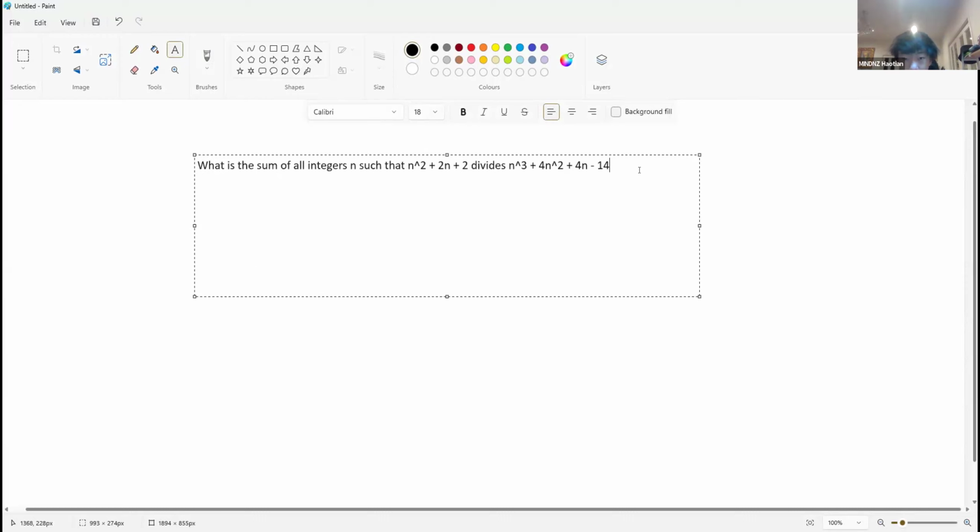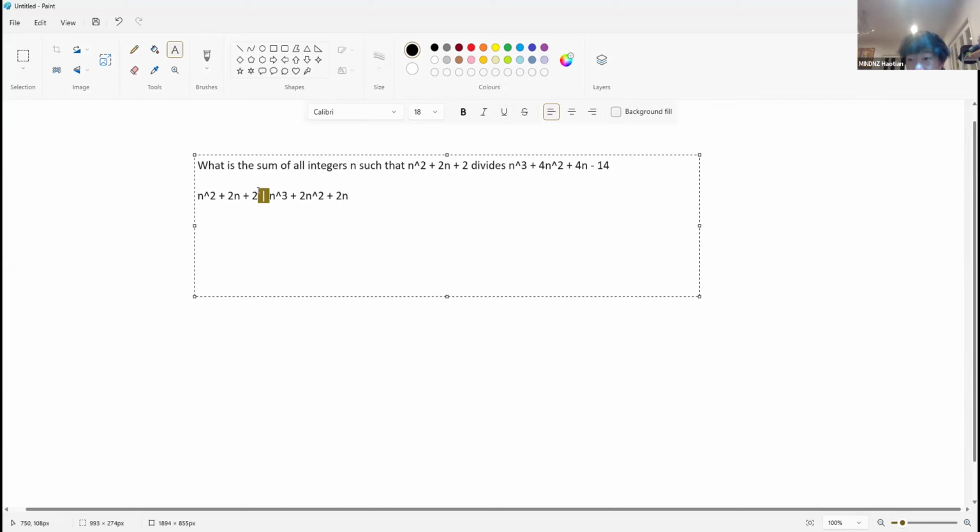Okay, so how do we approach this problem? The first thing you should think of is this is n cubed and this is n squared. And we know that n squared plus 2n plus 2 divides n cubed plus 2n squared plus 2n.